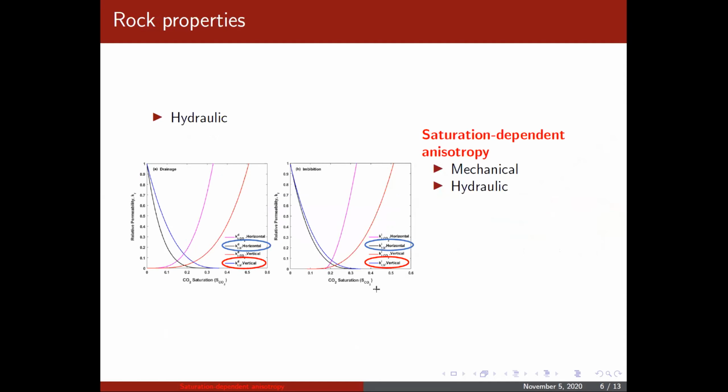For hydraulic properties, we see a similar case where the horizontal and vertical properties, in this case the relative permeability, differ depending on the saturation of the sample. So in the literature, there are a lot of examples of saturation-dependent anisotropy in both the mechanical and hydraulic behavior of rocks.